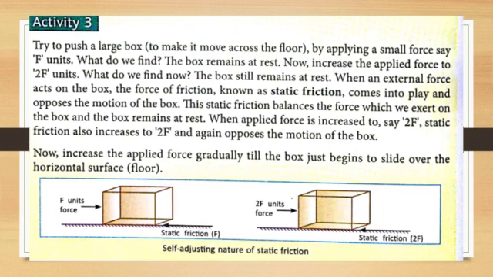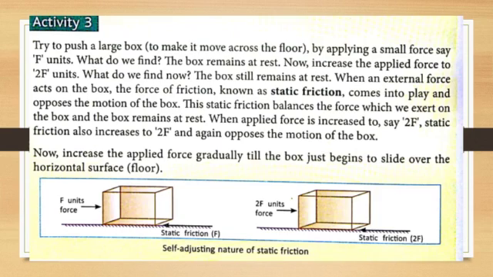So this activity shows that the force of static friction increases with the increase of applied force. It means static friction is a self-adjusting force, meaning it adjusts itself. With the increase or decrease of force, it adjusts itself; it increases or decreases according to the force applied. It can increase only up to a certain limit.